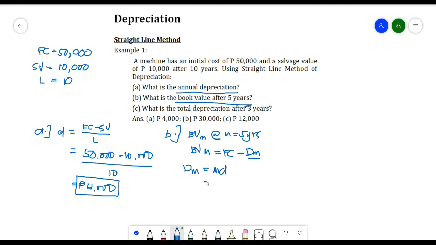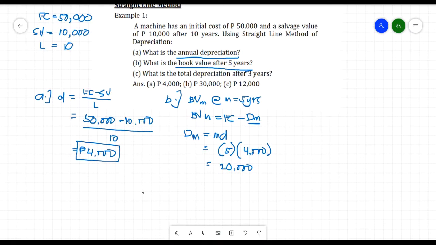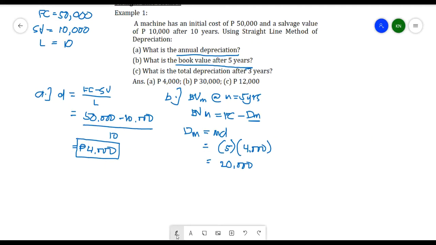So we have M is equivalent to 5, and our D is said to be equivalent to 4,000. This 5 times 4,000 is just equivalent to 20,000 pesos. So after we got the DM, we can already solve for our BVM.